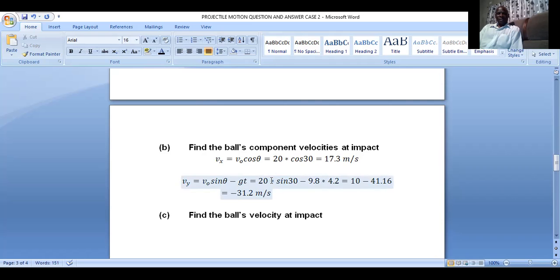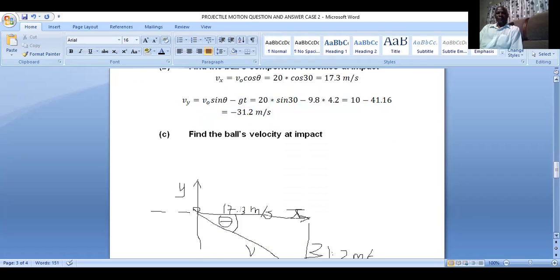So for the initial velocity, we have 20 meters per second, sine 30 degrees, minus 9.8 as the acceleration due to gravity times 4.2, the time for the whole flight, which is equal to 10 minus 4.116. This gives us negative 31.2 as our velocity in the y component.